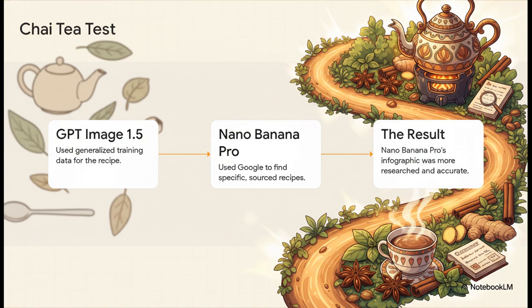To see it in action, we asked for an infographic on how to brew chai tea. GPT Image 1.5 just gave us a generic recipe based on what it already knew from its training data. But Nano Banana Pro actually went out, used its search feature to find specific sourced recipes, and came back with a guide that was way more detailed and accurate.